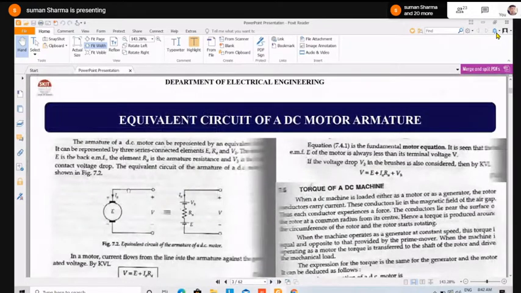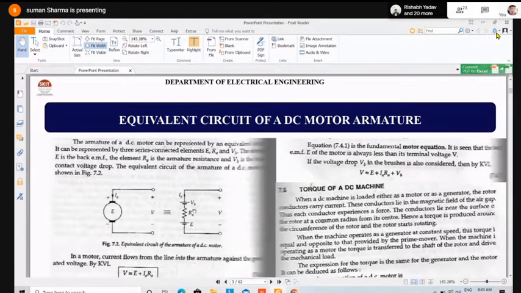The equivalent circuit of the motor can be represented like this. That is, you are applying voltage. Due to this applied voltage, current IA is flowing, and this IA will cause a drop in the armature circuit in the form of IARA drop. There will be a drop in the brush contact, that is represented in terms of VB.